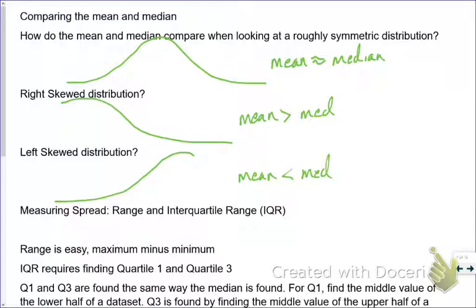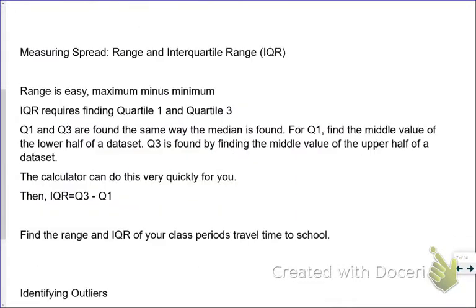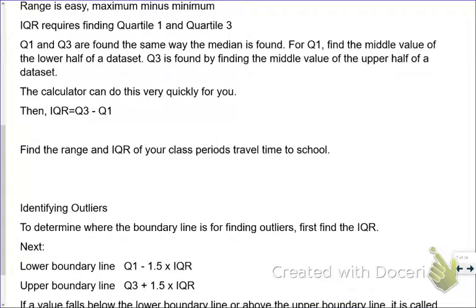All right, next we're going to talk about range and interquartile range, IQR. You already know something about range. That's pretty easy. Max minus min. But IQR, I'm going to erase and scroll up. So IQR is quartile 3 minus quartile 1. Right there.